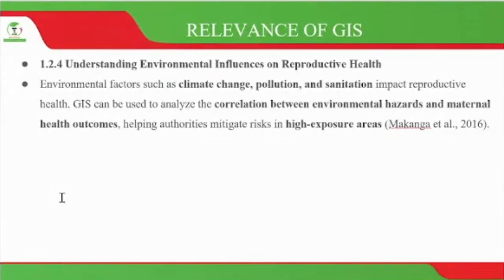So through GIS, you're able to realize places where pollution is more prevalent. You're able to analyze places that do not have very many sanitary facilities. You're able to realize places that experience certain levels of climatic change or different climatic conditions. So through those mappings, you're able to correlate that the changes in climatic conditions in these locations are impacting health outcomes and reproductive health outcomes.